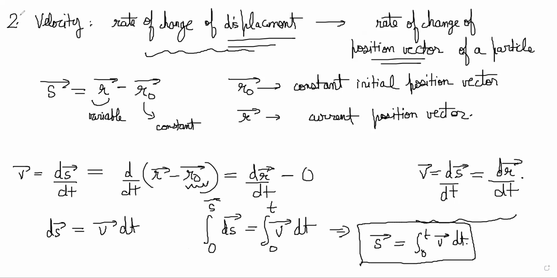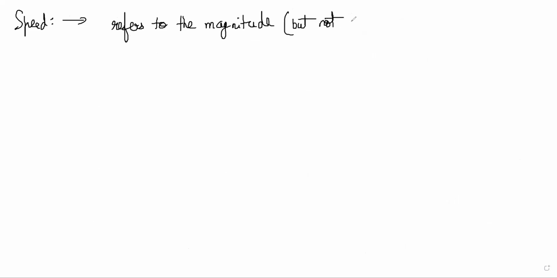Now, what about speed? We have defined our velocity function properly, but what is speed? Speed basically refers to the magnitude of the velocity vector, not the direction. I'm sure you've seen this before, but what I will explain here is quite important, and you should pay attention to this part.